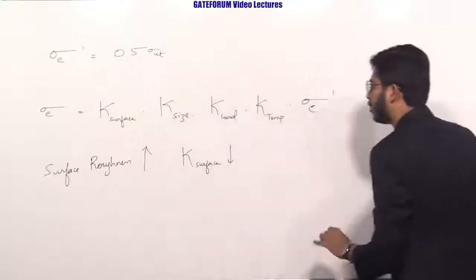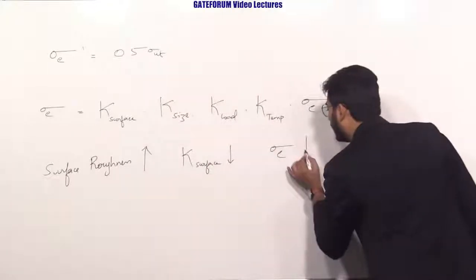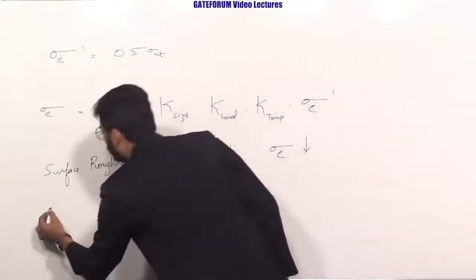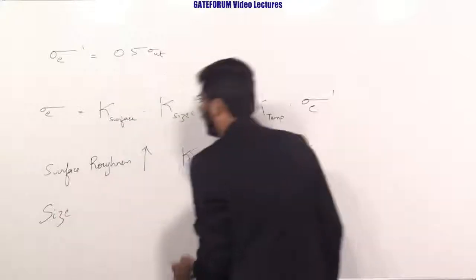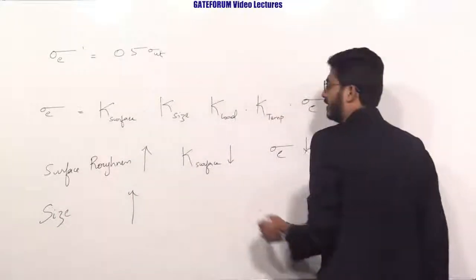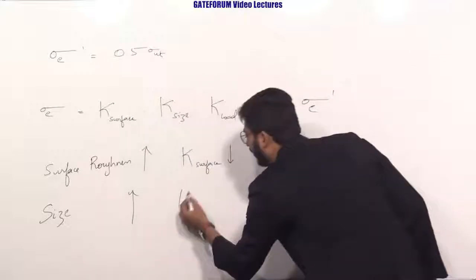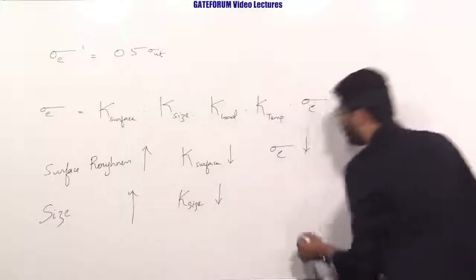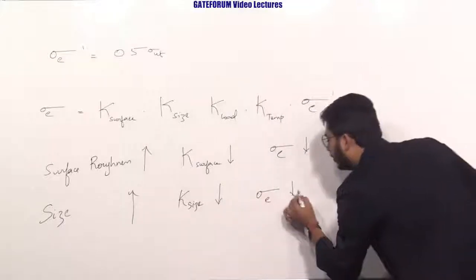When the K surface drops, it will drop the sigma E value. Similarly, due to size factor, when the size increases, the size factor decreases, which in short decreases the endurance strength also.